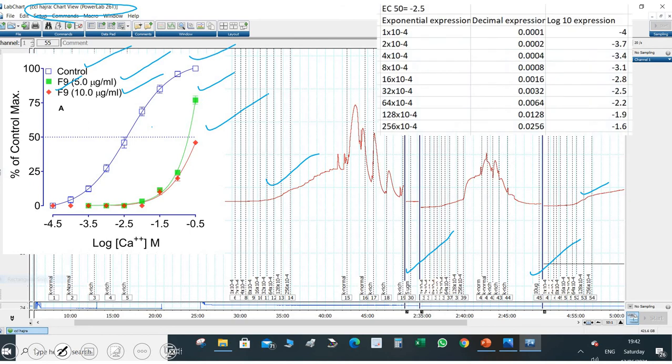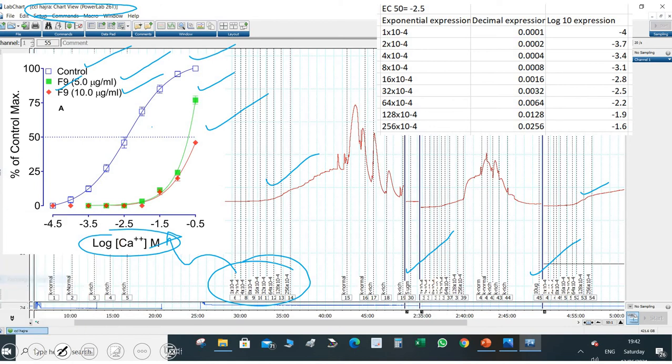Very interestingly, remember, here is the log value of the calcium. The calcium value 1 into 10 raised to the power minus 4 is expressed as log values, and you see how it's converted.